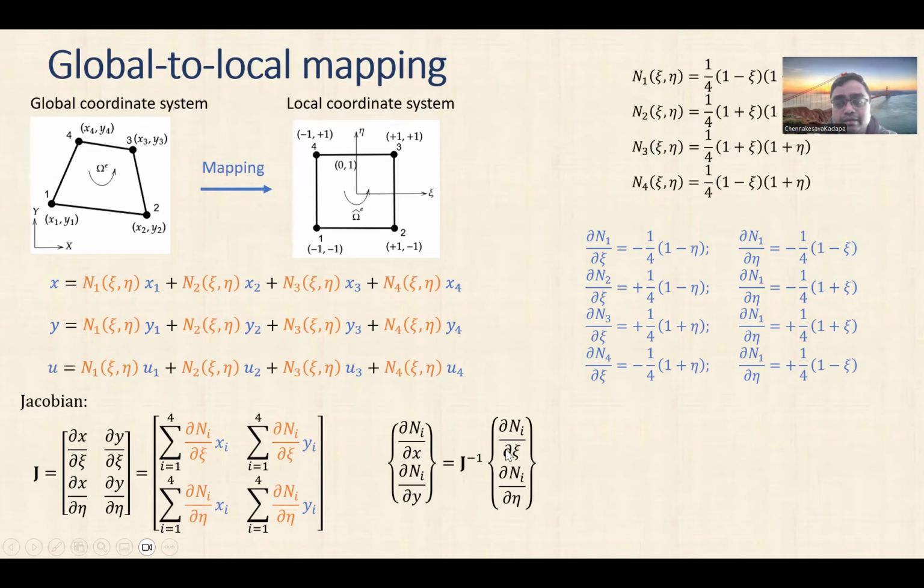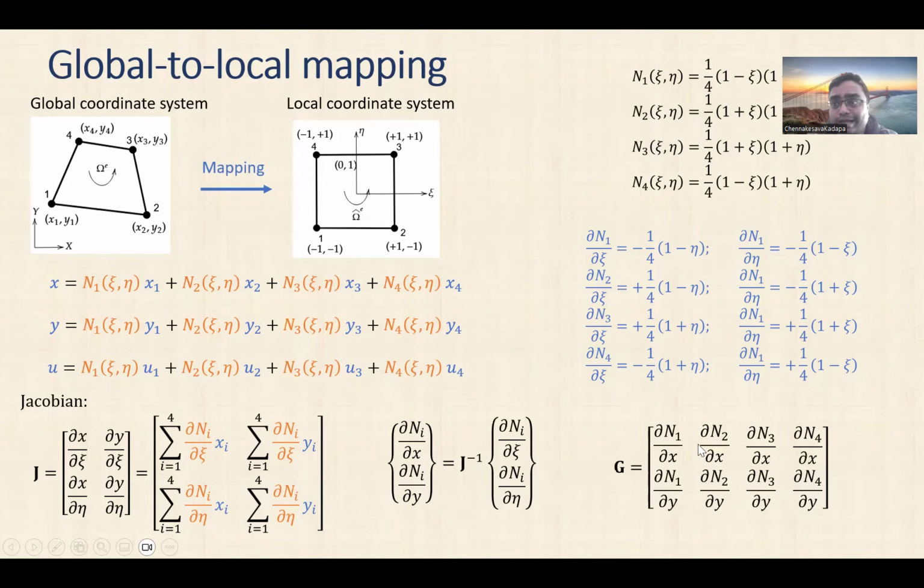And then once we know the basis function derivatives with respect to x and y, we have our G matrix. Since we are using the 4-noded element, the G matrix will be of size 2 by 4: 2 for the 2 derivatives and 4 for the 4 basis functions. So this is the information that we need to evaluate our stiffness matrix.